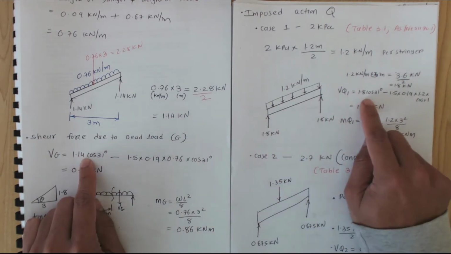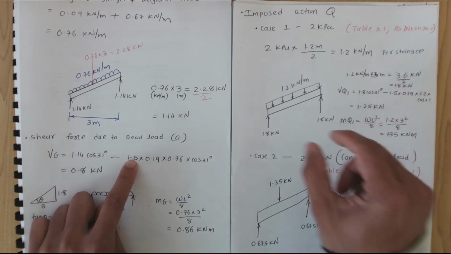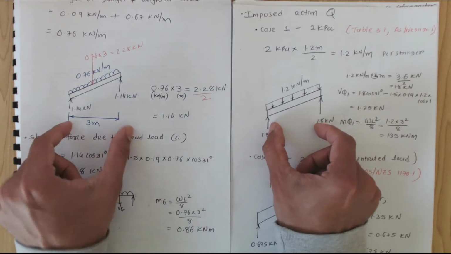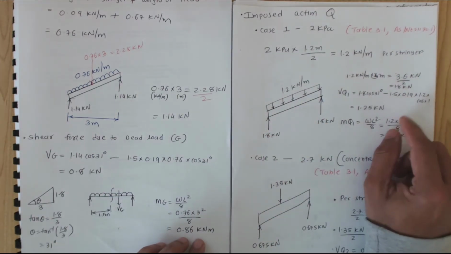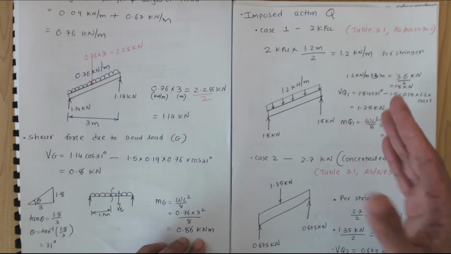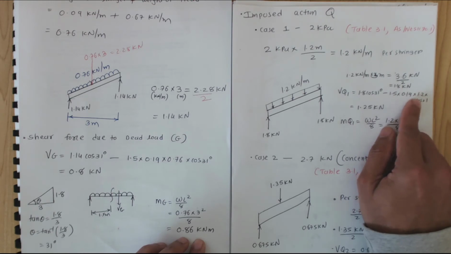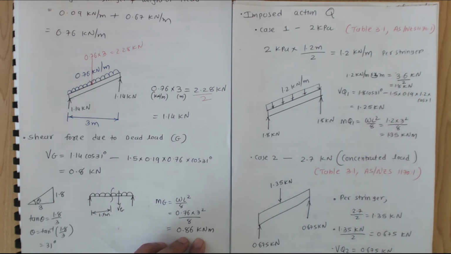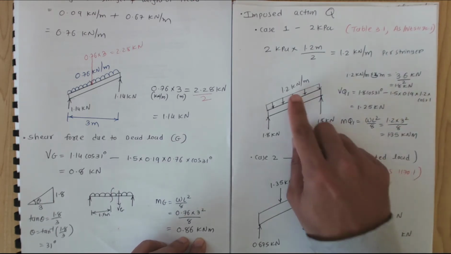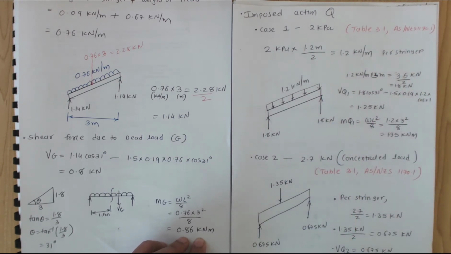Reaction force 1.8 times cos 31, take away 1.5, the half distance because this is 3 meters, times 0.19 because we are calculating along the perpendicular direction of the surface of the stringers, times 1.2 times cos 31. So 1.2 is the UDL load times cos 31, which gives me 1.25 kilonewtons.